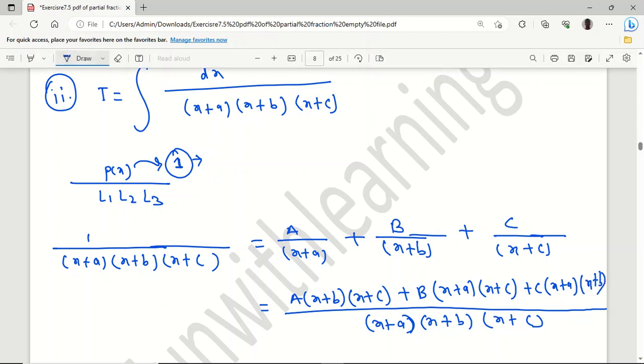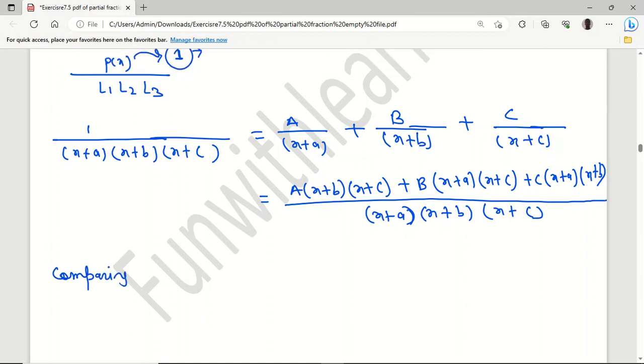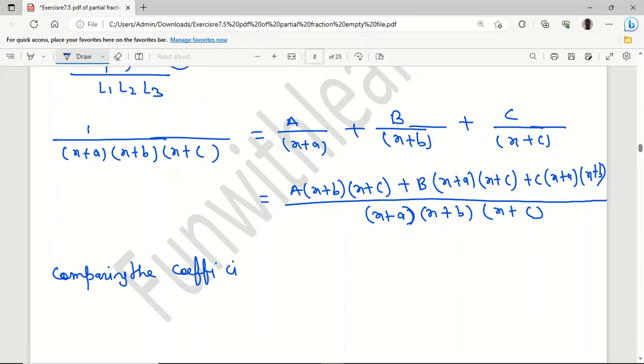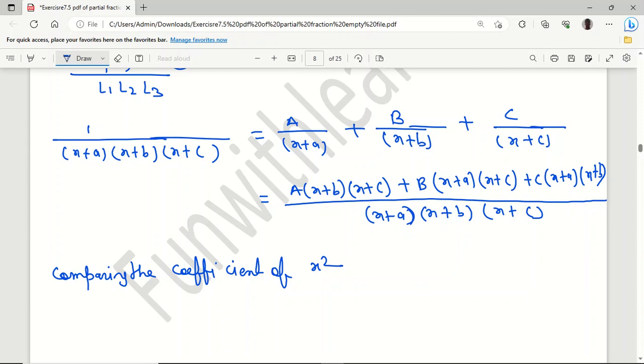So now there is no need to solve further, we can directly compare. I'm directly comparing the coefficient of x square. The coefficient of x square in LHS is what?